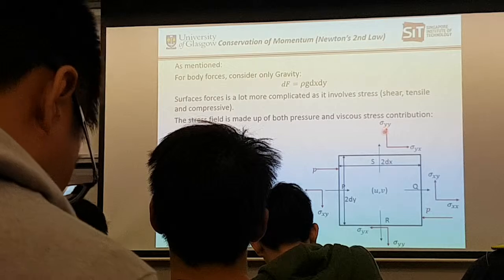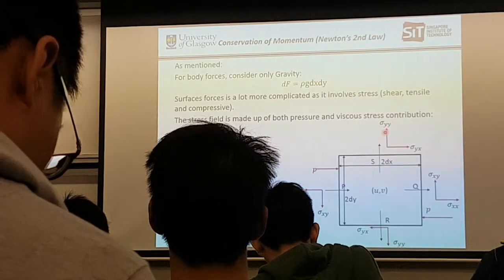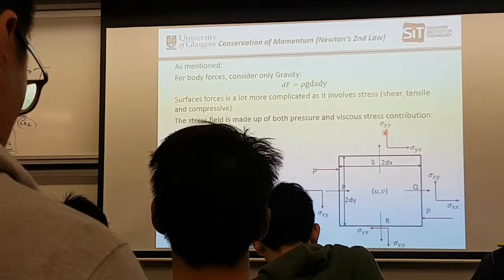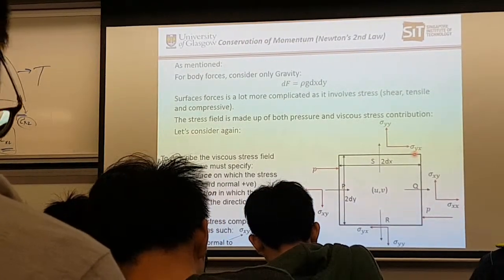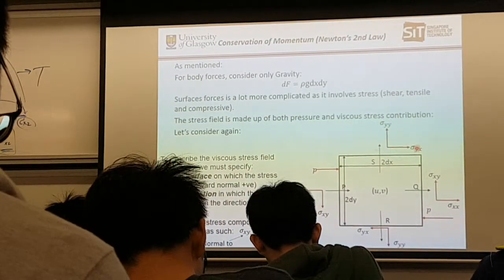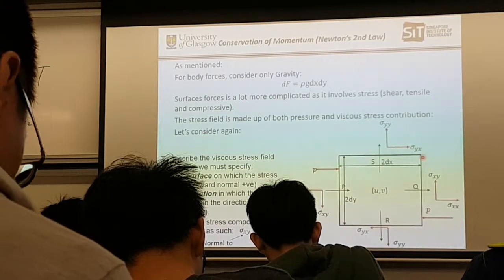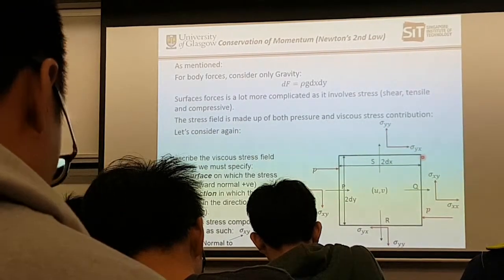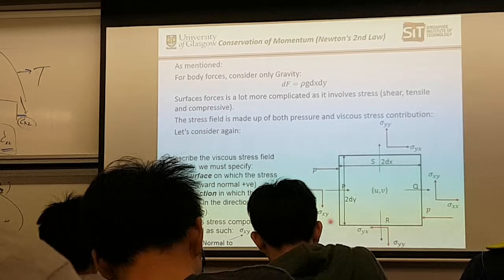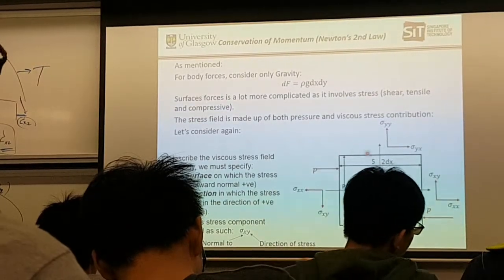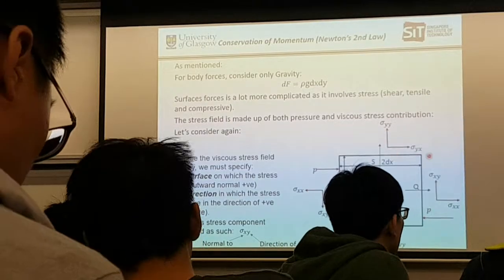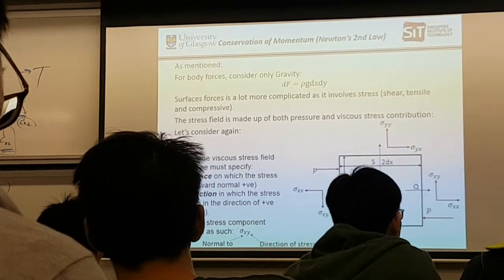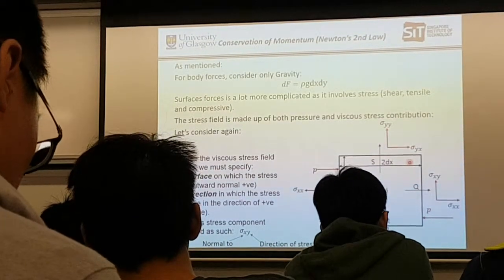This shear stress is normal to the y surface, acting in the y direction. This shear stress here on the same surface is normal to the y surface, but because it is in this direction, it is acting in the x direction. So on all four surfaces you have different shear stresses acting. One is perpendicular to the surface, one is parallel to the surface. All the directions are very consistent, so you always have two components here.